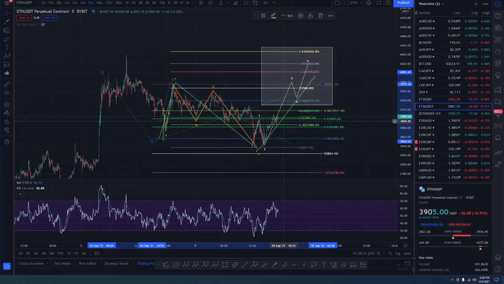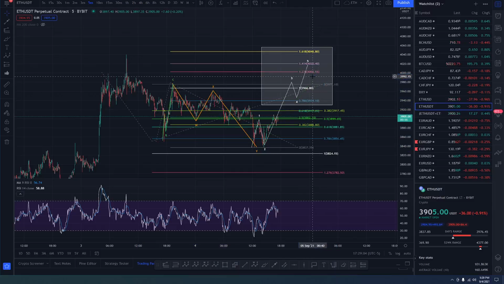So let's see how this 5 waves develops. That's the key. How does this 5 waves develop? If I start with a 1 2 1 2 and then it goes really high, then that'll let me know that we probably have a finished 3-wave move on our hands, and now we go up.